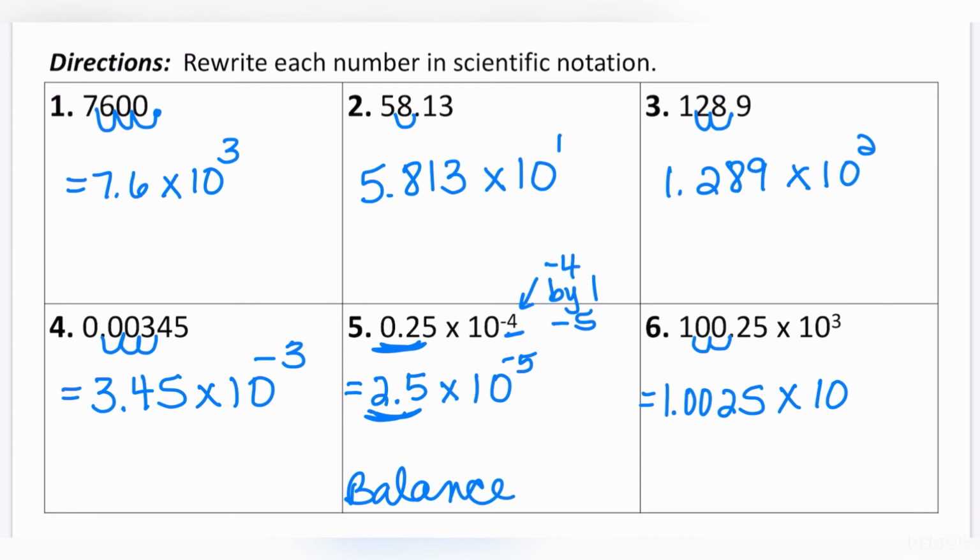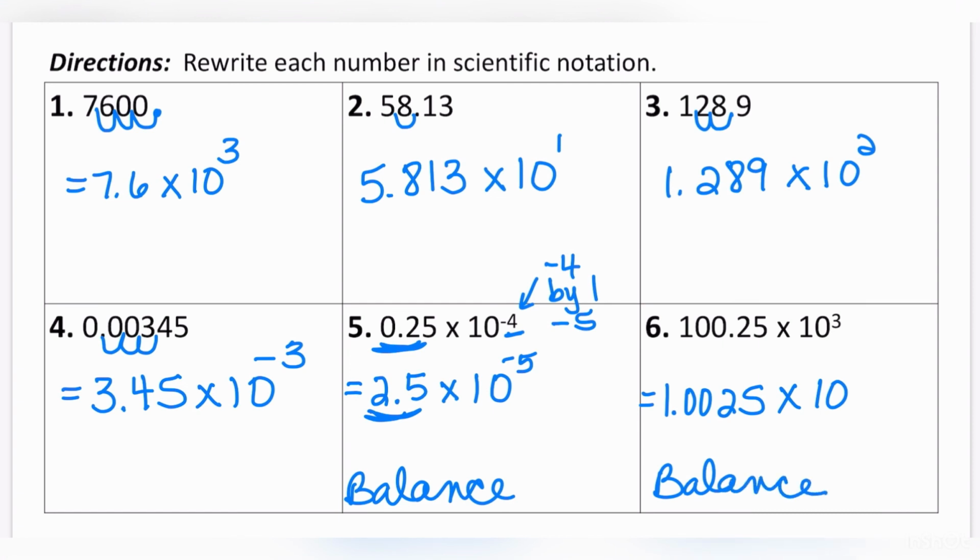The number used to be 100.25. That number has now become 1.0025. That's a huge difference. It's gone smaller. And because it's gotten smaller, then we have to balance it out by making the power larger.